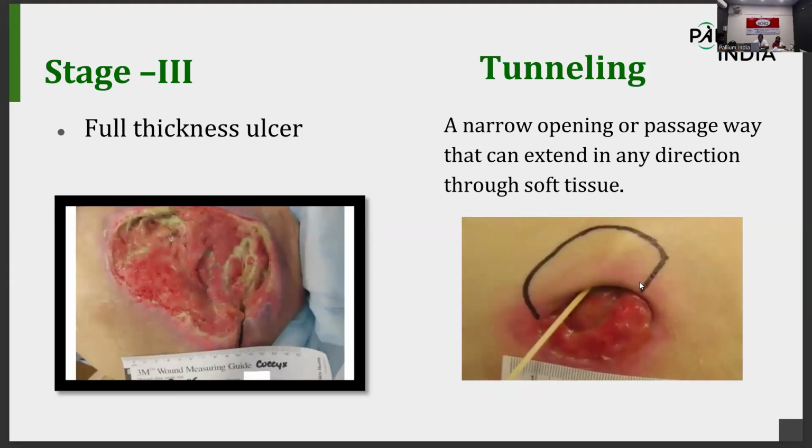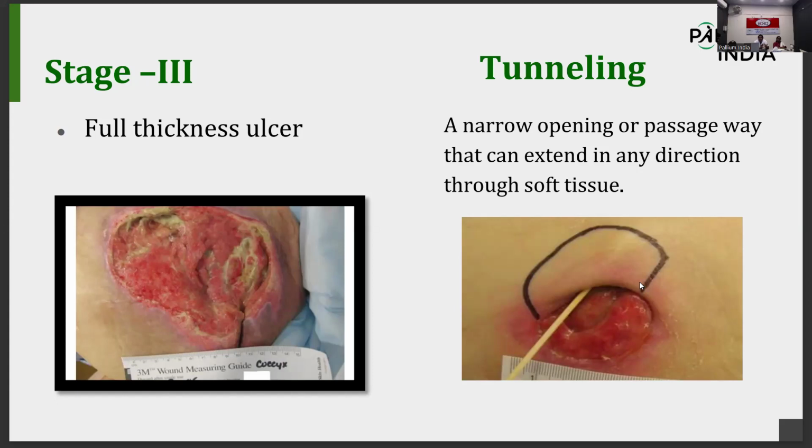Stage 3 is full thickness ulcers. Along with the dermis layer, the deeper tissues are also involved. That is stage 3, including tissue damage. There is also tunneling. Tunneling is a narrow opening or passageway that can extend in any direction through soft tissue.